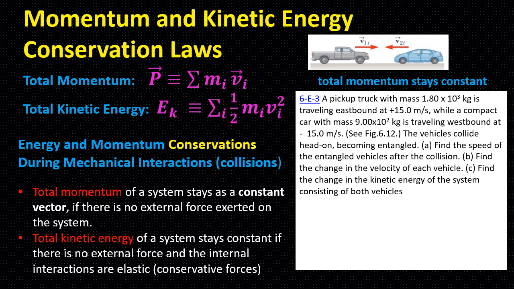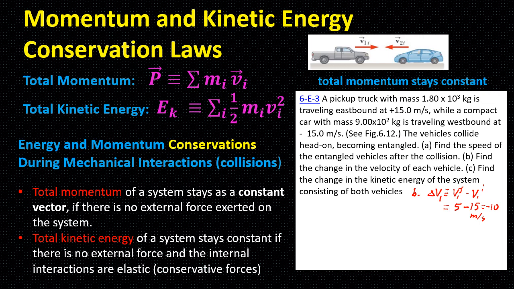So B, the change, delta V for the truck, for example, 1, is defined as V1 final minus V1 initial, and so final is 5, as we see from the last slide, minus 15, and that is negative 10 meters per second. So it slows down, from 15.